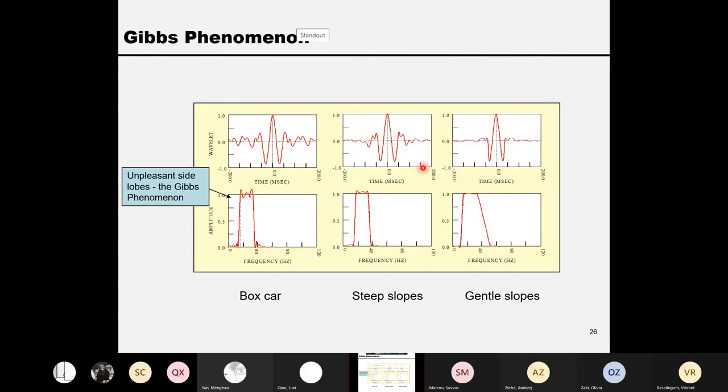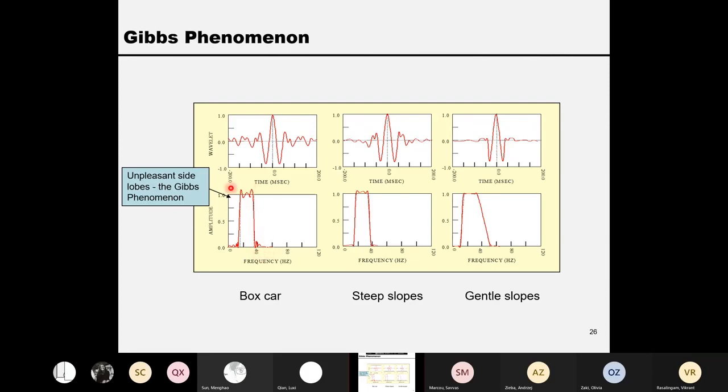The first row are the wavelets. The second row are the frequency domain filters. The first column here is a boxcar function filter. Boxcar means you just have a square boxcar here.